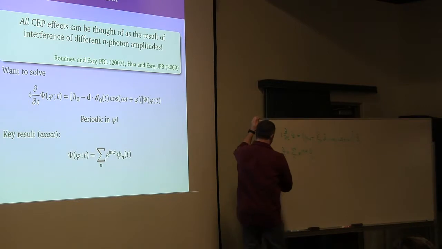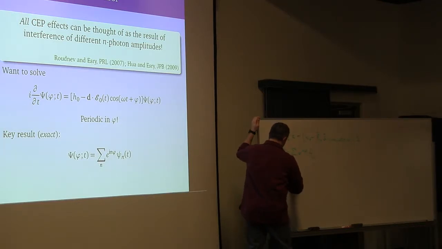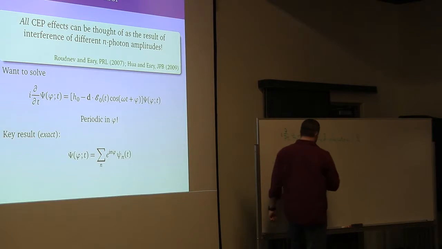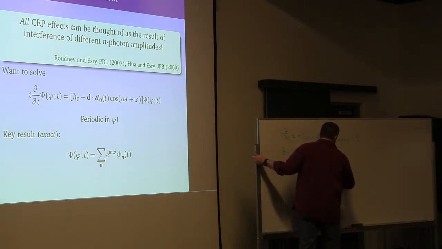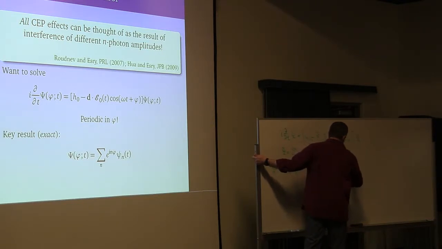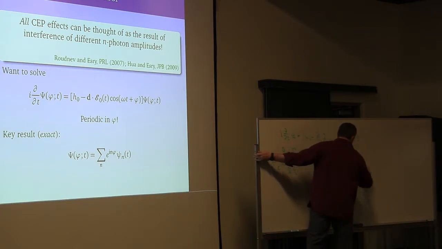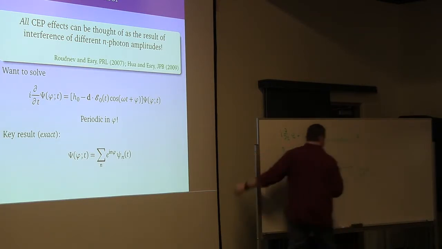Okay? So we have sum over n, i e to the i n phi, d/dt psi n, equals H0 minus, now cosine(omega t plus phi) is e to the i omega t plus i phi, divided by 2, times sum e to the i n phi psi n.